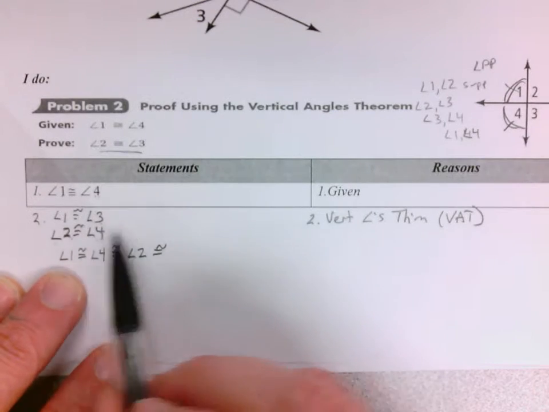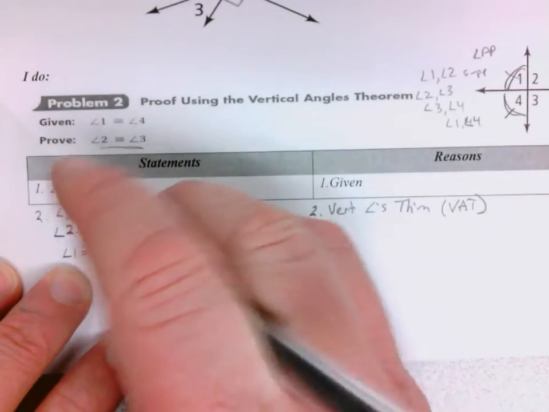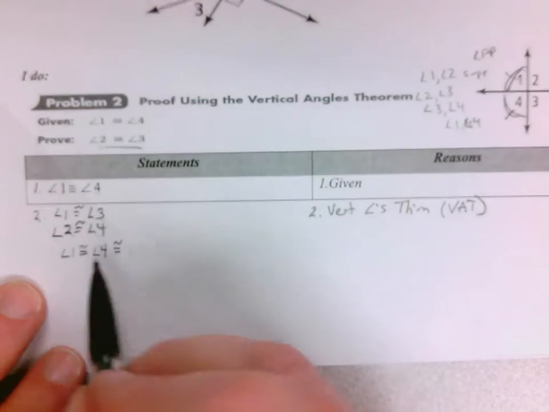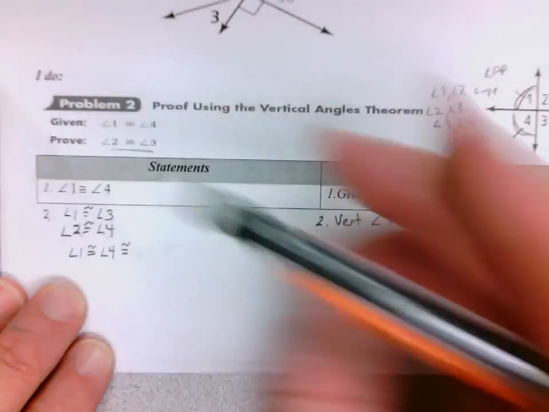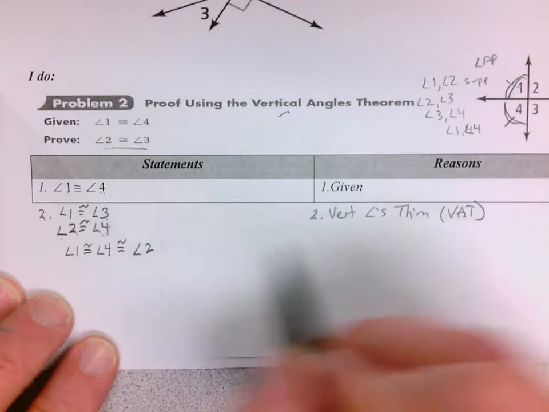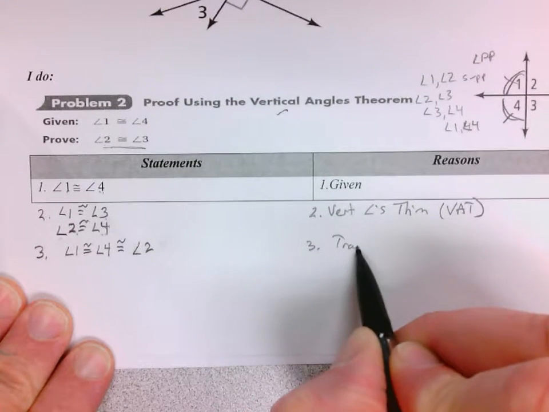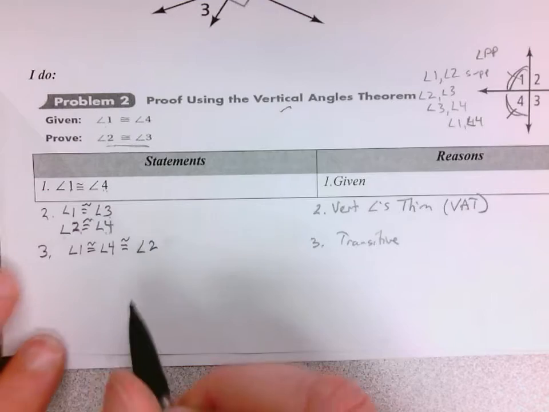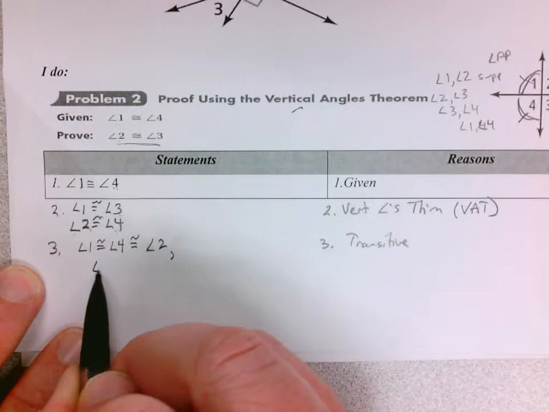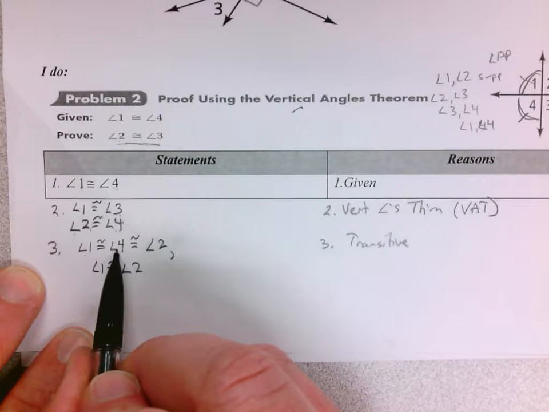So basically by the transitive property, because when we're going in order like that, I can say angle 1 is congruent to angle 2, because angle 1 is congruent to angle 4, angle 4 is congruent to angle 2.